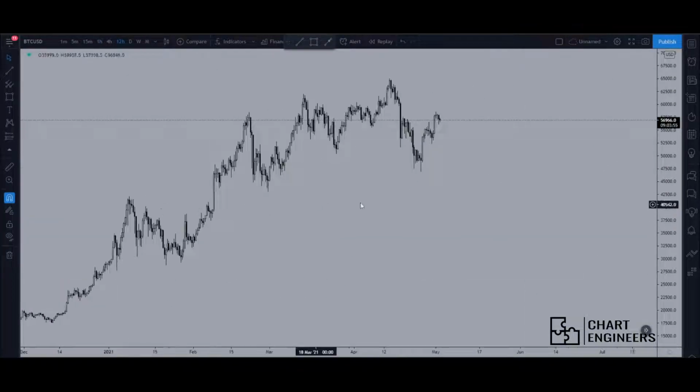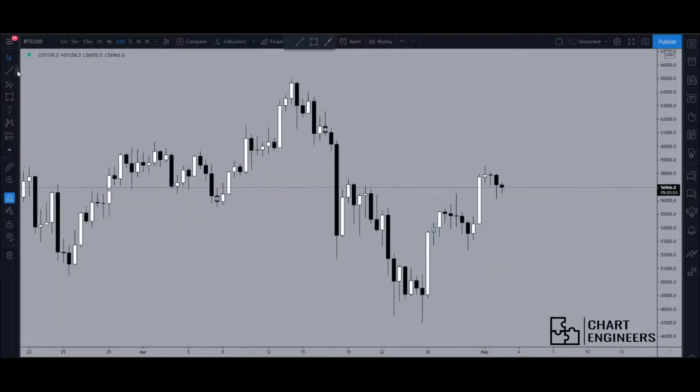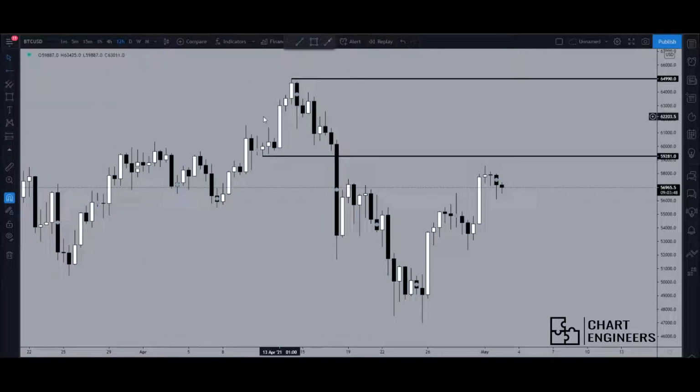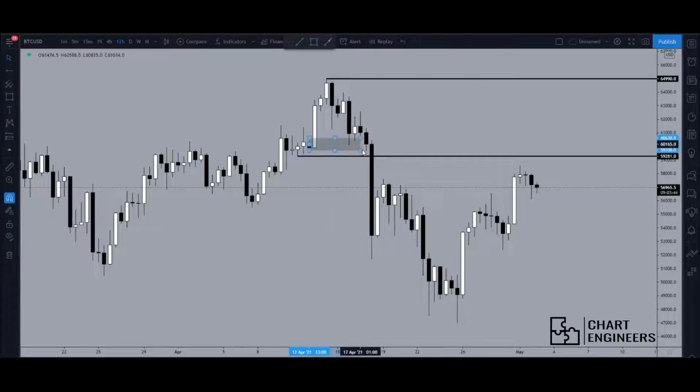And then if we go back to the 12-hour, our new market structure low is going to be there, new market structure high is going to be there. So just again expecting the exact same. We have our 12-hour order block here, and we have a 12-hour sweep into it.